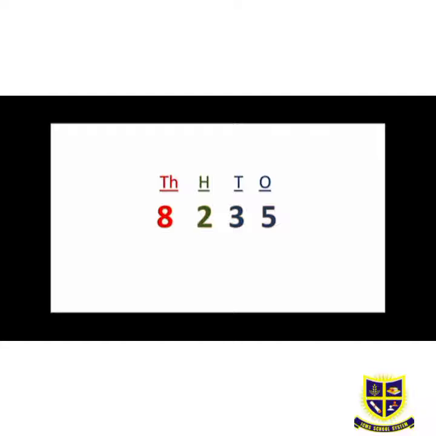So the number name has 3 parts. The first part comes from the 8 in the thousands place, that is 8,000. The second part comes from the hundreds place, that is 200.